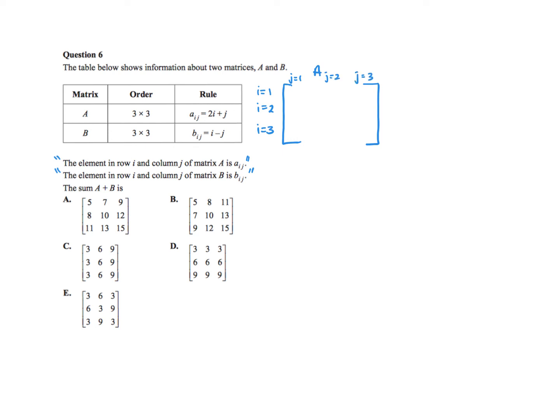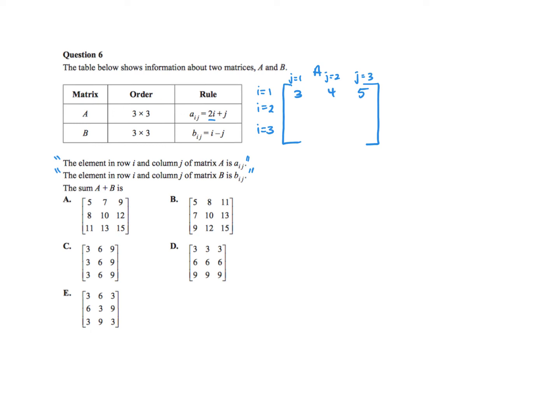Okay, the rule says to go 2 times I plus J. So 2 times I is 1, so 2 times 1 is 2, plus 1 is 3. So this one would be 2 times 1 is 2, plus 2 is 4, and then 2 times 1 is 2, plus 3 is 5. Okay, and then you've got to do the next row.